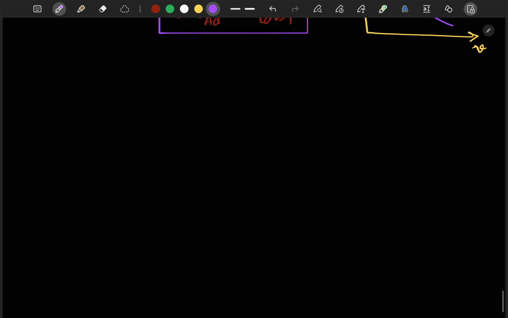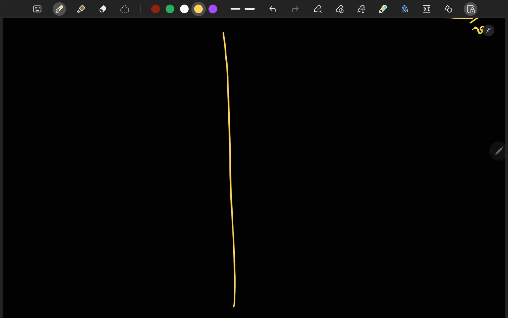Next, I will show you all the processes on a single graph for expansion and compression, both on the PV diagram. So let's make a big graph here.